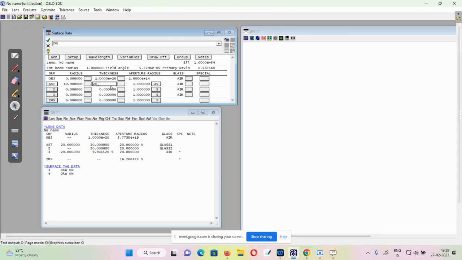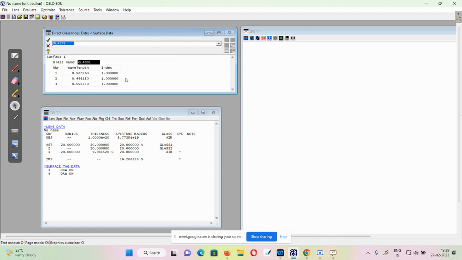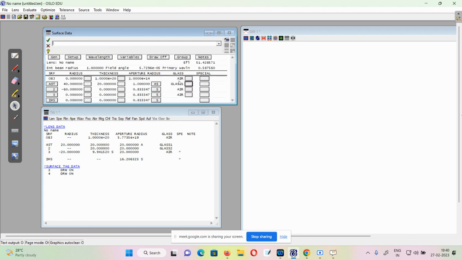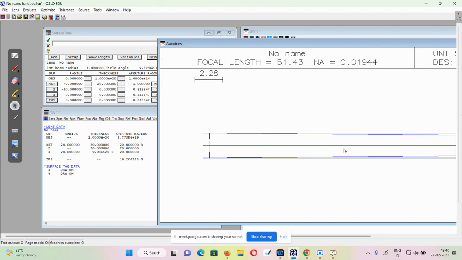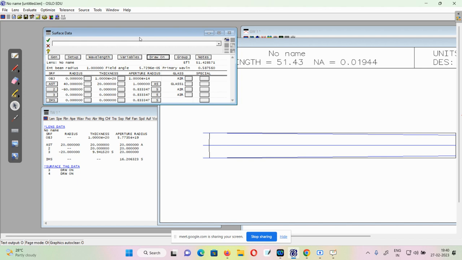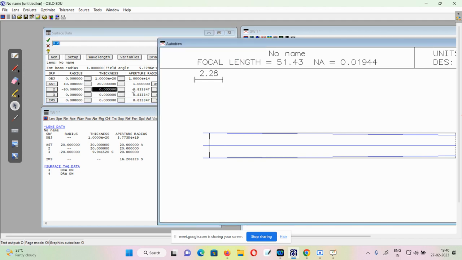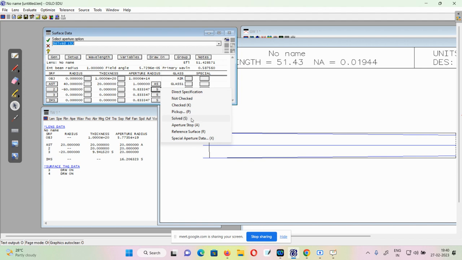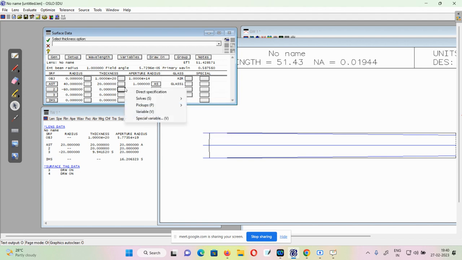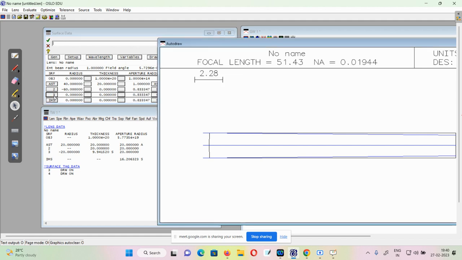So minus 60, thickness is 20. I don't want this surface.